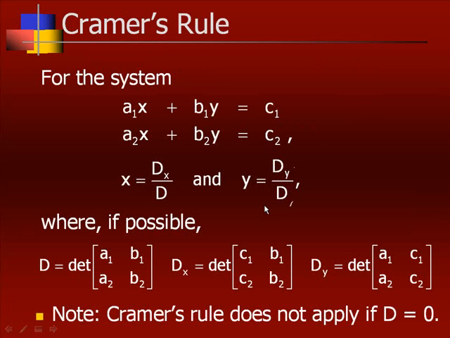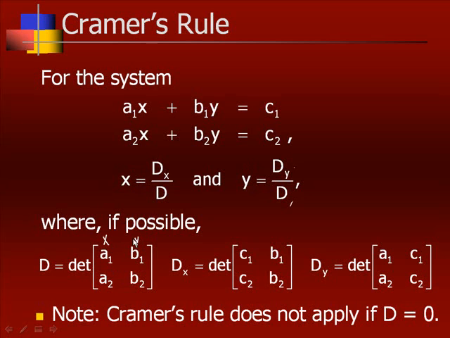Now, Cramer's rule is another method of solving a system of linear equations using matrices and determinants. You start out with 3 determinants if there are 2 variables. We have the plain determinant D, which is simply the coefficients of the x column and the coefficients of the y column.